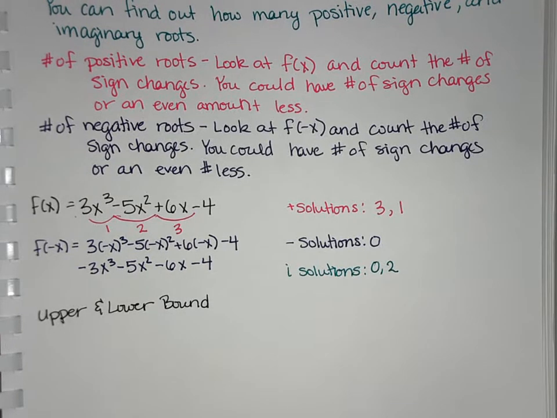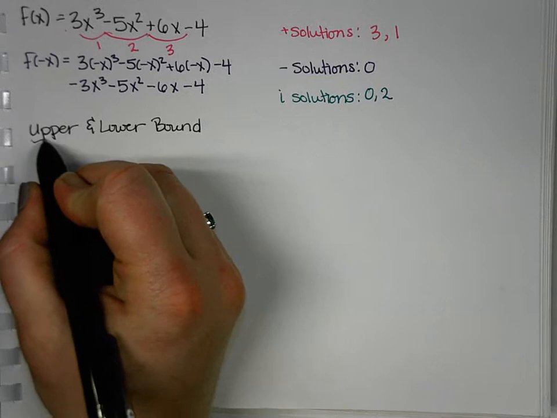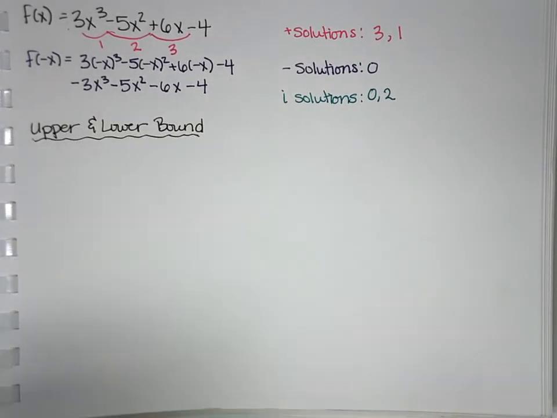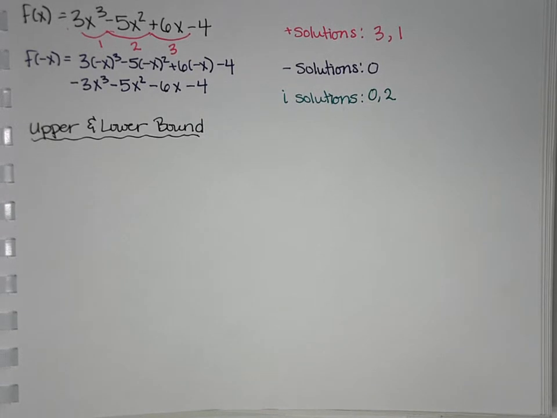What upper and lower bound help us to determine are values that we know we're not going to go above and values we know we're not going to go below. As we're testing numbers, if a certain pattern happens, then we know that's an upper bound, meaning I don't need to try anything higher because I know it won't work.